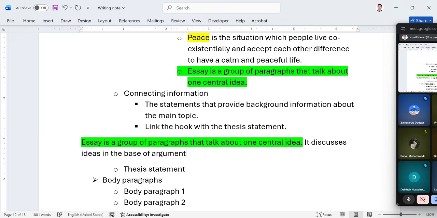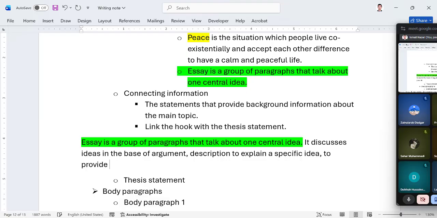For example, descriptions to explain a specific idea, to provide analytical information, and the writer's judgment about a topic.